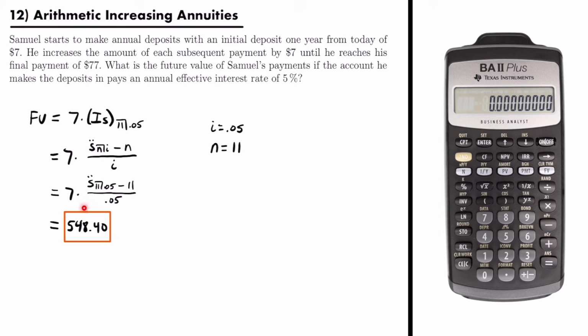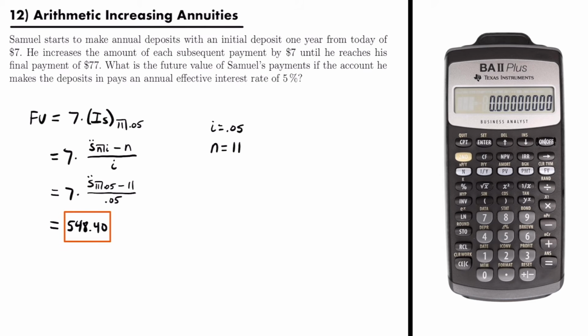Now, this is the work for that calculation that I did in one of my other videos. But what we're going to do is calculate this in our calculator by taking this expression right here and breaking it up into smaller parts. We're going to calculate this future value of an annuity due and then subtract 11, divide by 0.05, and multiply by 7.